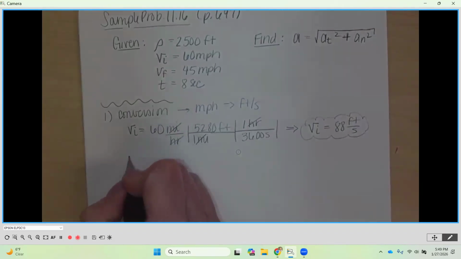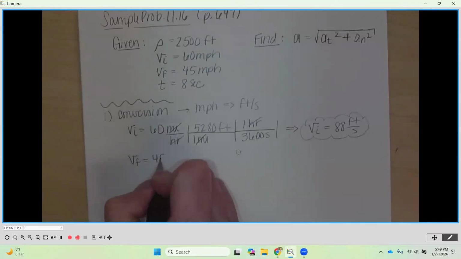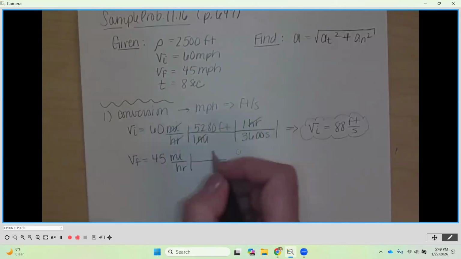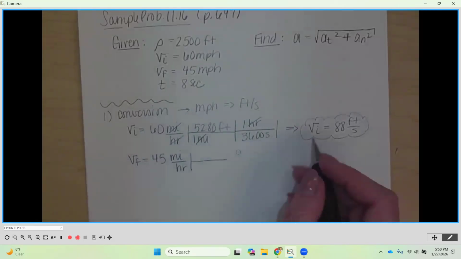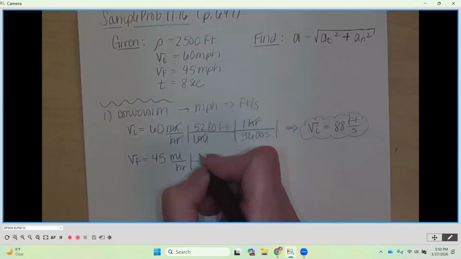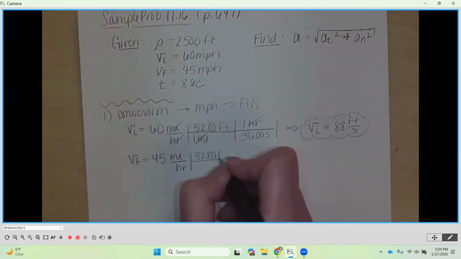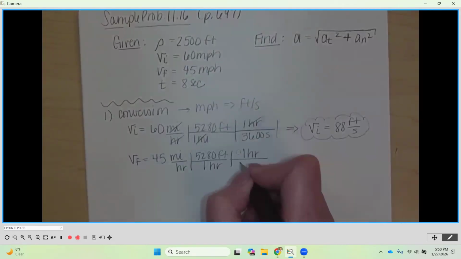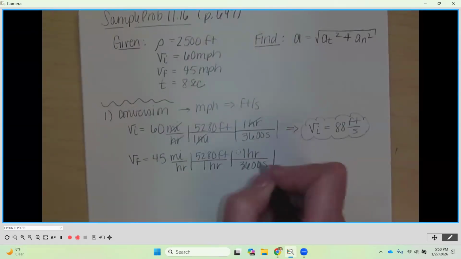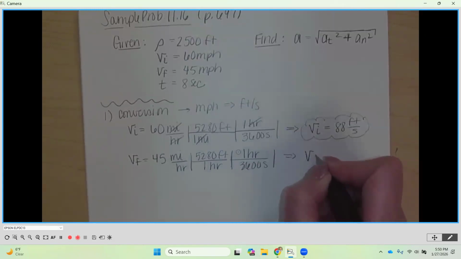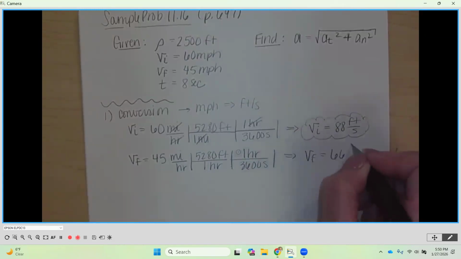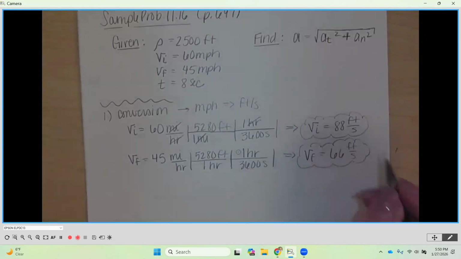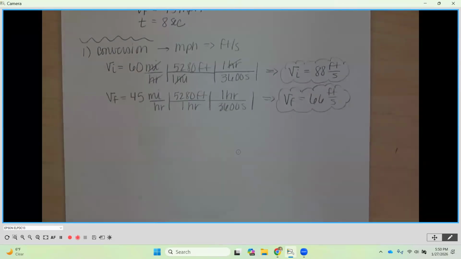So go ahead and convert the final velocity, 45 miles per hour, in that same format. You're going to use the exact same thing here and then calculate the final value. And you should get 66 feet per second.